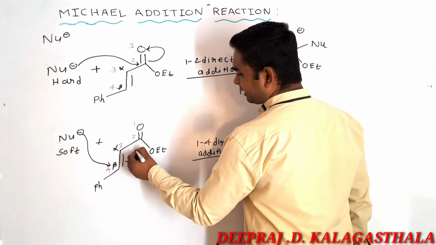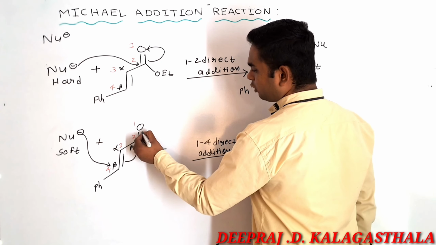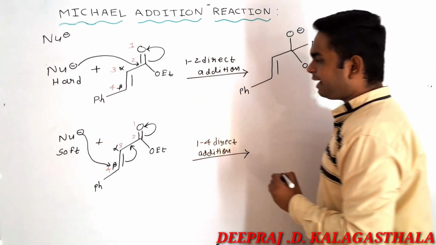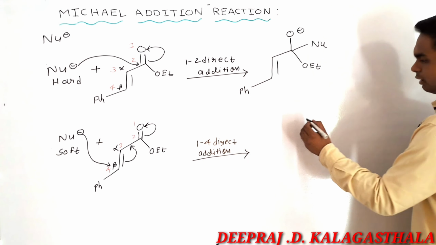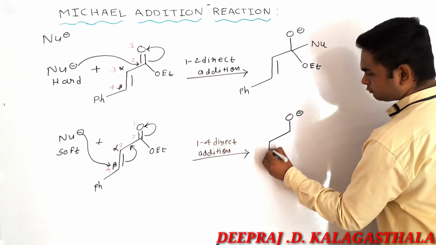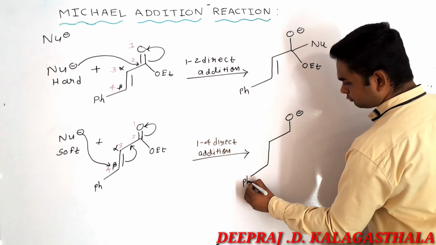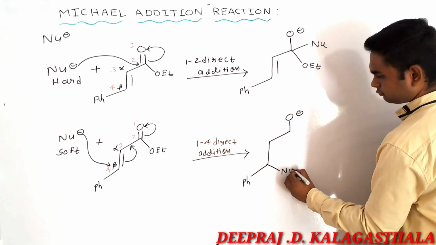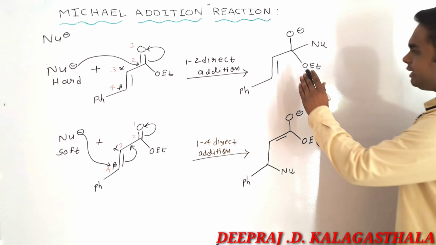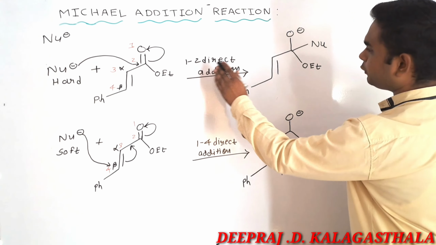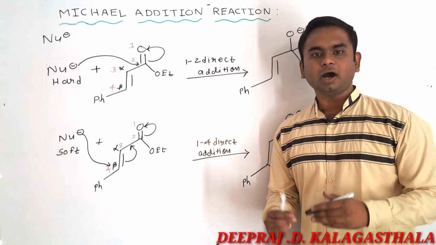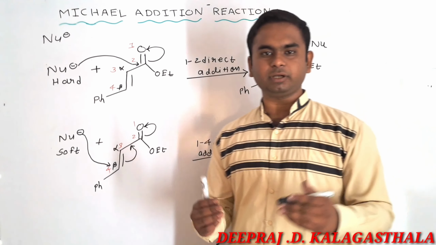This bond will be transferred here. The electrons of this pi bond will be transferred onto oxygen, and we get such a compound as the product. So here are the products of 1,2 direct addition and 1,4 addition path according to the types of nucleophile.